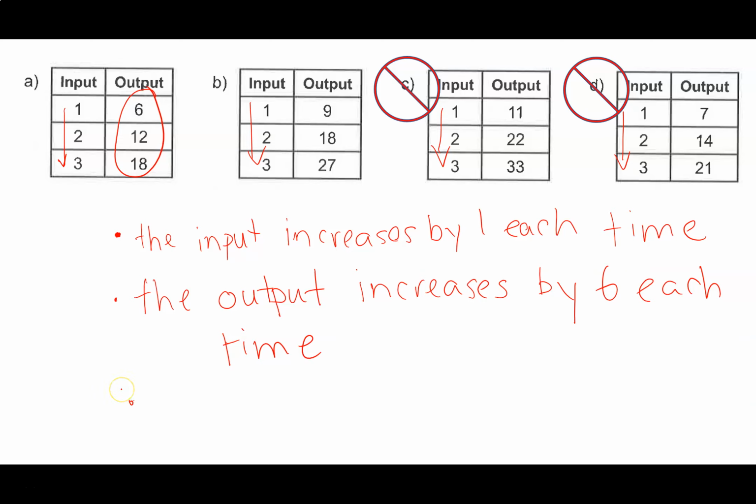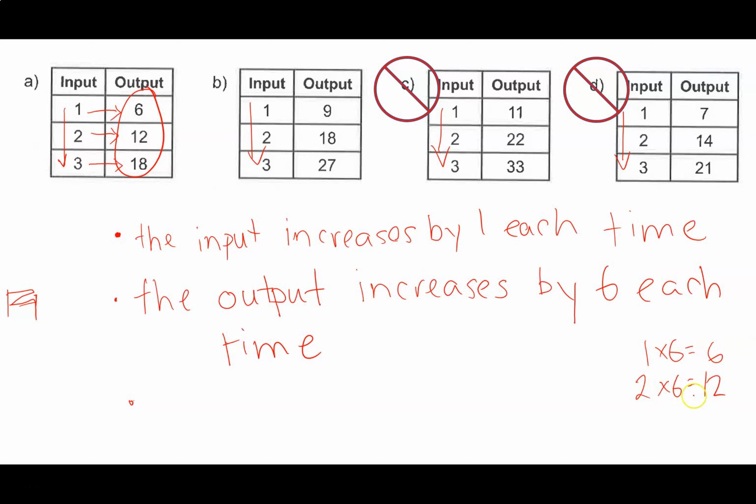All right, lastly, how can we go from the input to the output? Let's try multiplication. To go from 1 to 6, 1 times 6. Whoops, I always forget I can't write on that side. Let's write right here. 1 times 6 equals 6. What about 2 times 6?